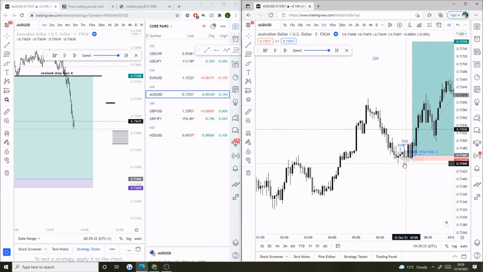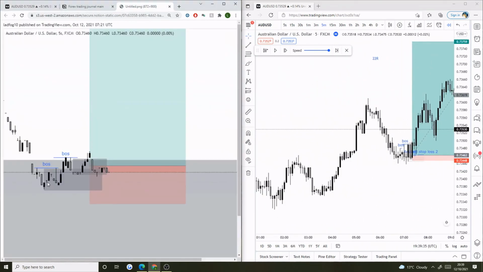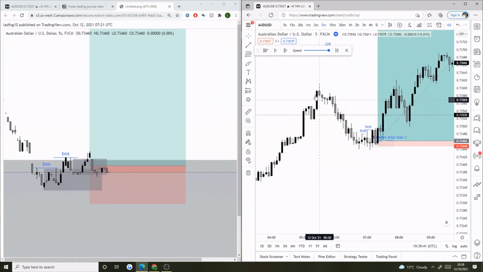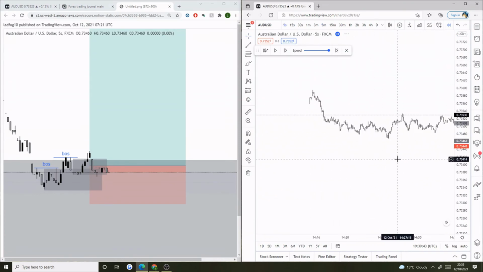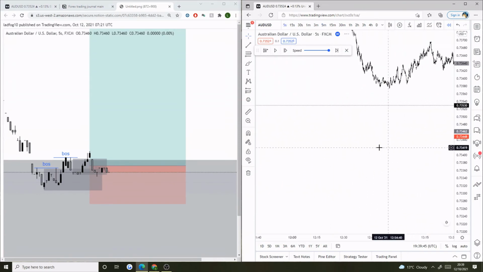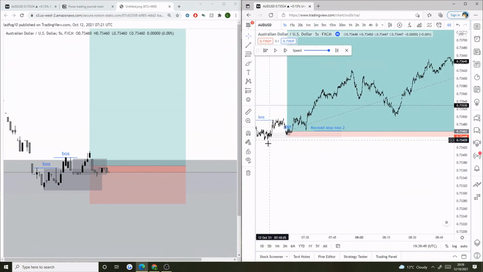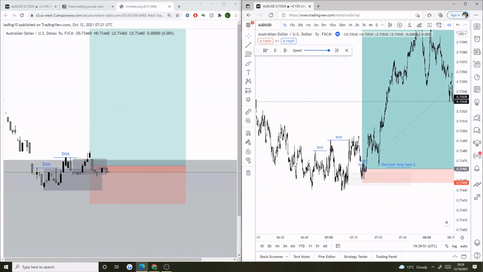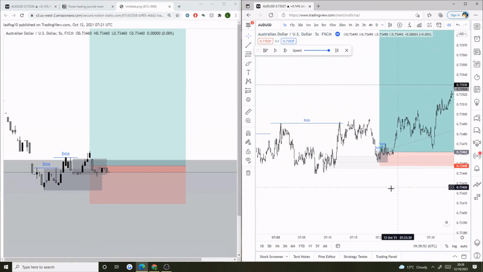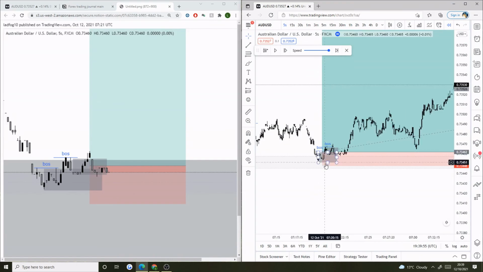Like in real time, you can see that there was break of structure there on the actual chart, but then coming back to it now, obviously the broker data has changed, so officially there wasn't break of structure. But yeah, I hope you guys can still understand why I took the 1 minute position in the first place, and then understand why I took the 5-second position based off the 1 minute position to try and get a tighter stop loss.